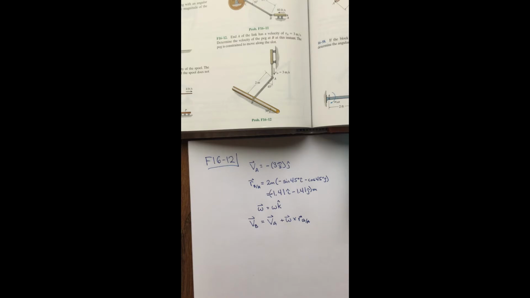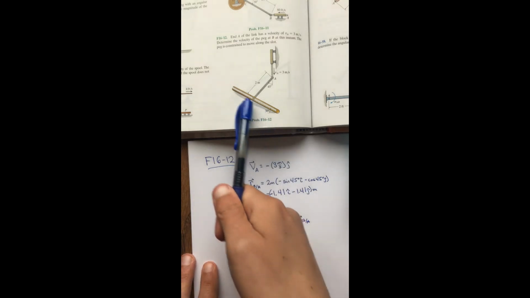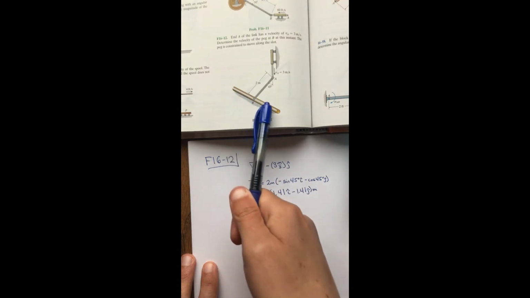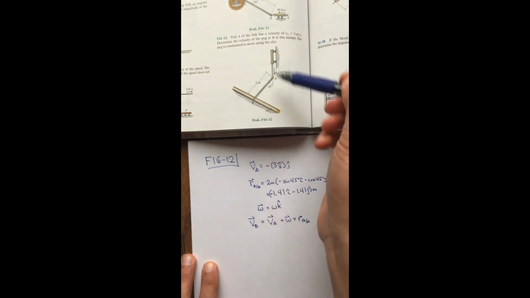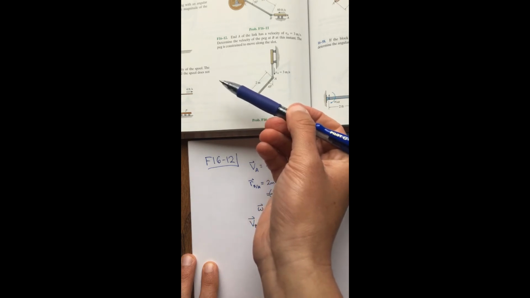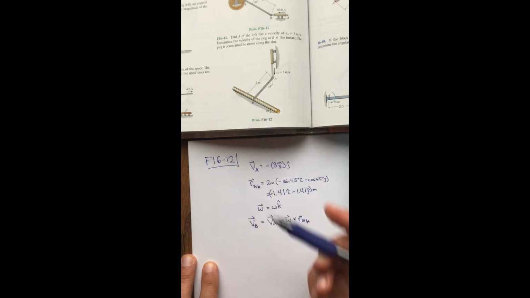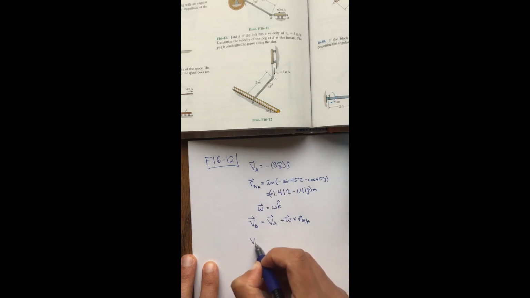Because I don't know the angular velocity, I have to know something else. So the velocity of B, that's constrained to move along the slot here. So this is a 30-degree angle. I know that if this is moving down, this must be going upwards like this, so that will have a negative i hat component and a positive j hat component.